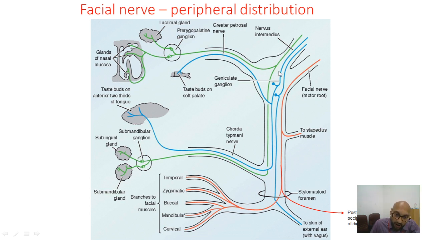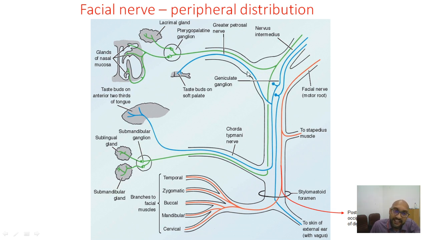Soon after that, it enters the petrous part of the temporal bone, and over there it forms a ganglion known as the geniculate ganglion. And it is in the geniculate ganglion that you get the pseudo-unipolar cells of the facial nerve, which is the first order neuron for sensations related to the facial nerve, right?